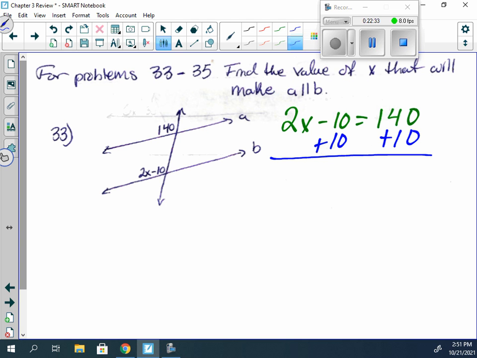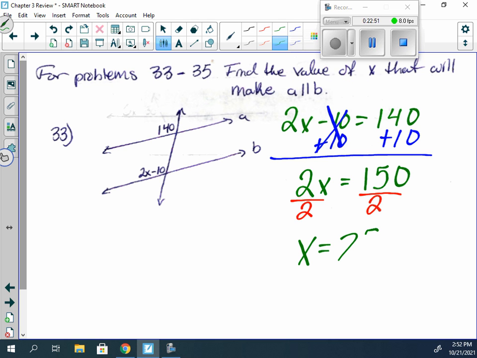So the first thing we would do to get x by itself is to add 10 to both sides. So we get that 2x is equal to 150. It would be 75.